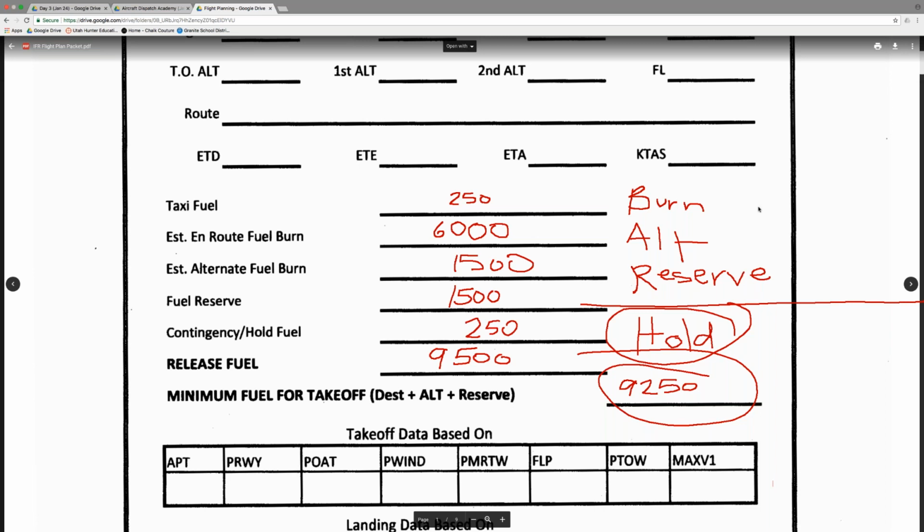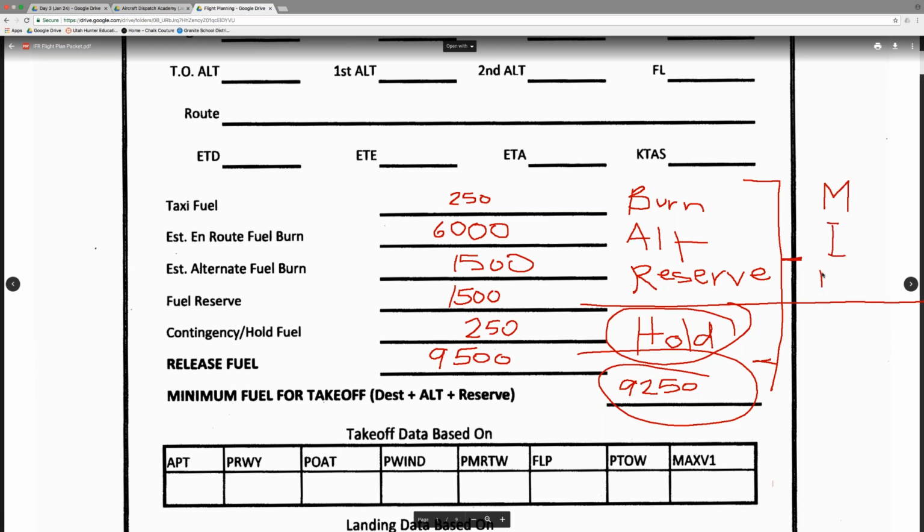So the last thing that we're going to add to this right here, this burn, alternate, reserve and hold, see how this is minimum fuel for takeoff. You guys heard me say this just a second ago. This fuel that they are required to have on board the aircraft before they can take off, we call that Minto.